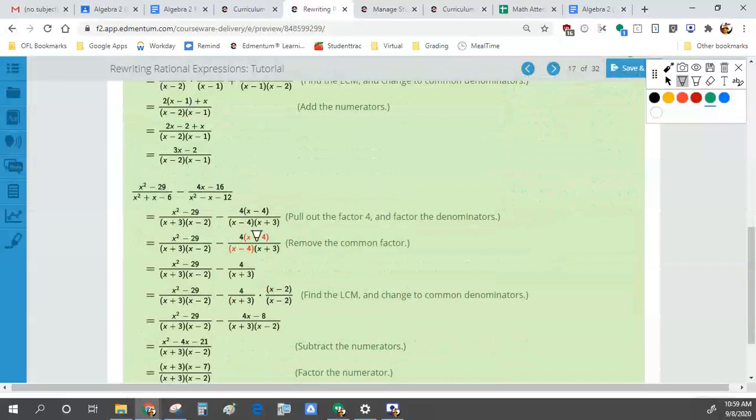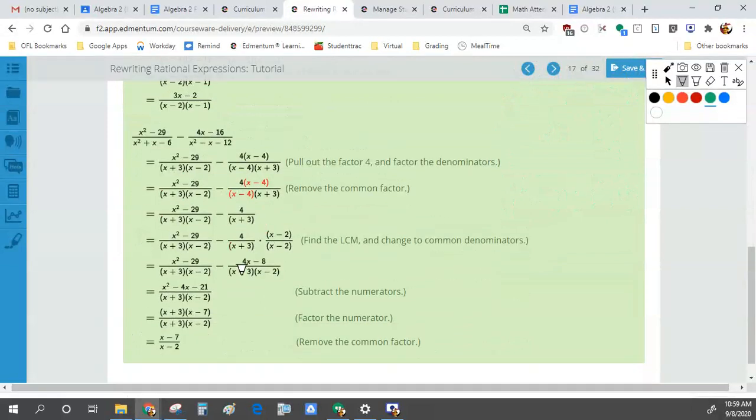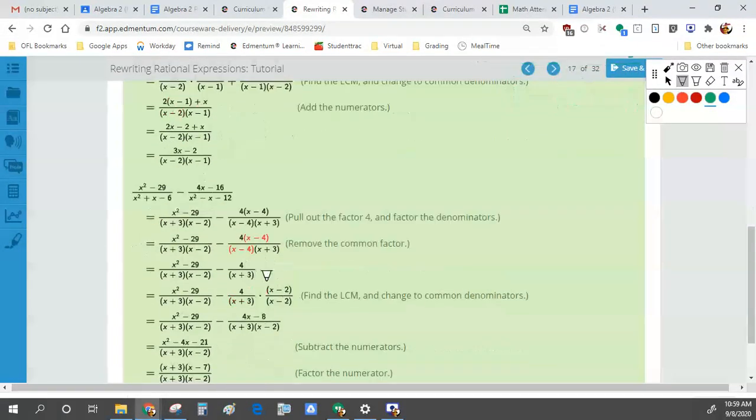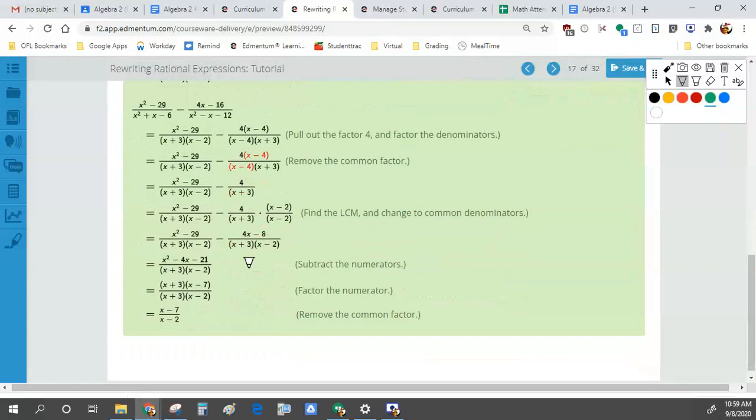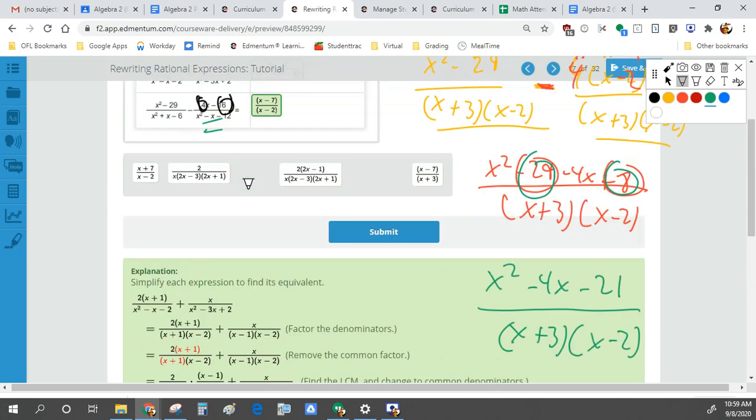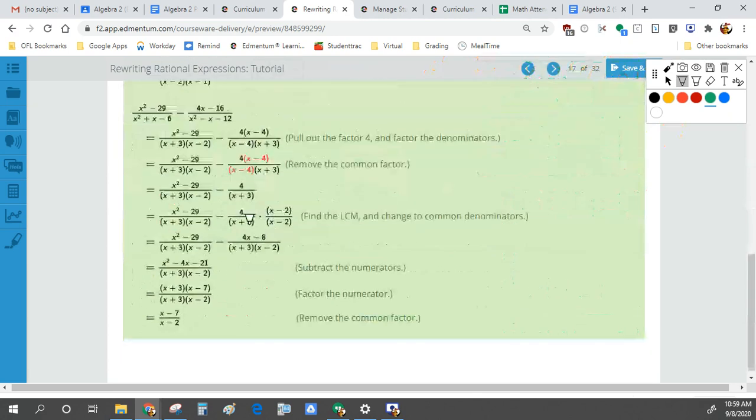Here's the part where I'm distributing. Oh, they canceled them out. But you guys can always rewind to this if you need help with it. This will cancel out. I already did that part. And then here's the part where I'm at. I'm sorry, I messed up.